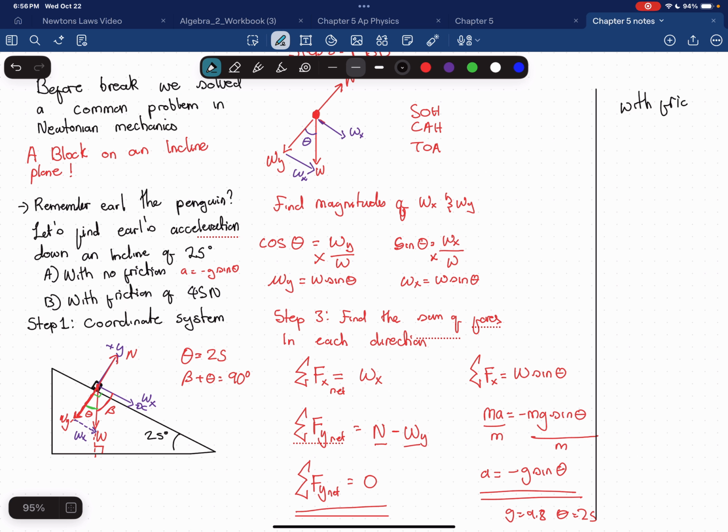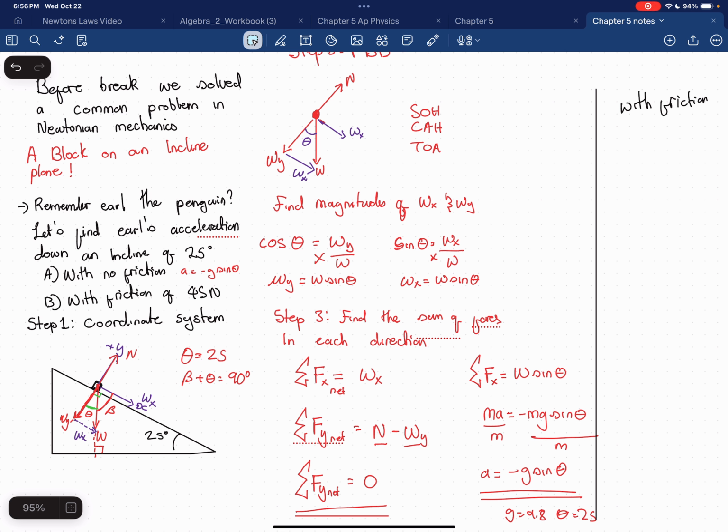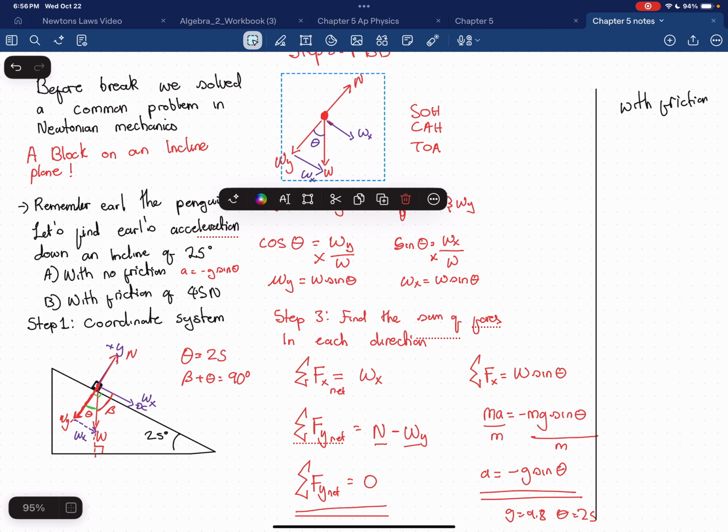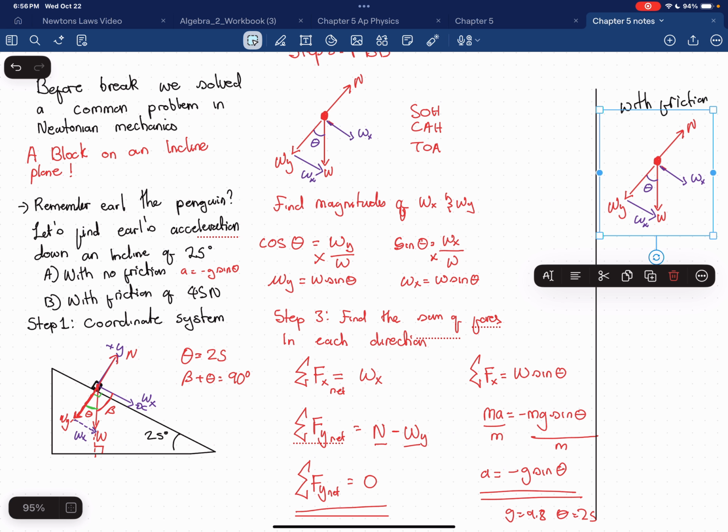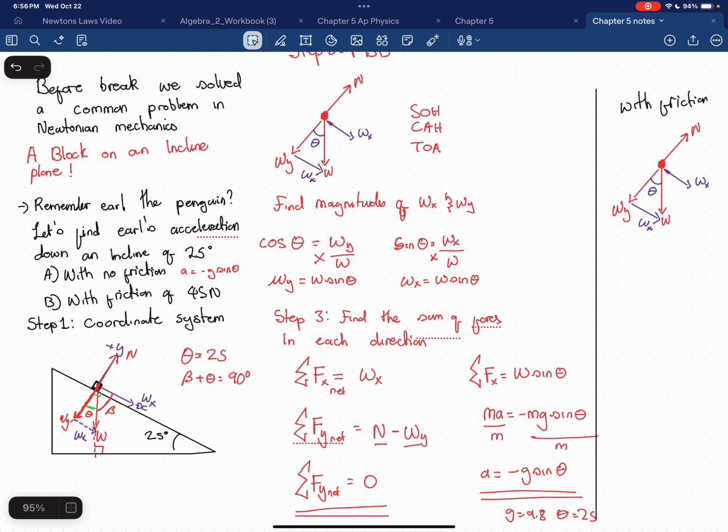nothing much really changes except our free body diagram, and the force in the x direction. So if I just copy this and paste it, my y direction stays the same, my x direction stays the same, but my weight is acting in the positive side of my y direction.